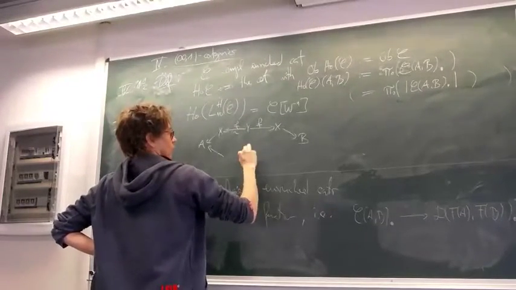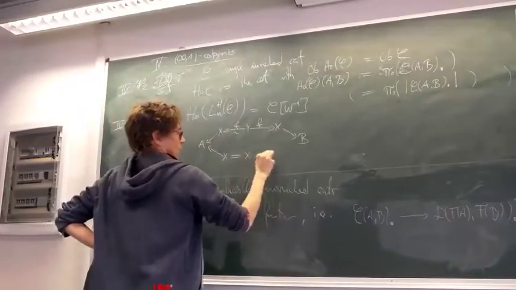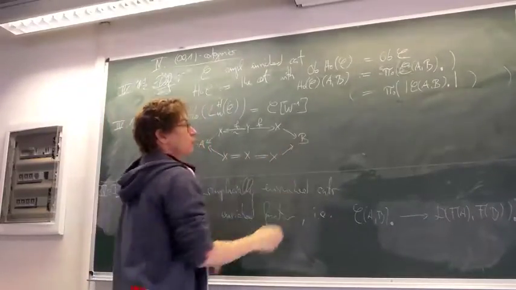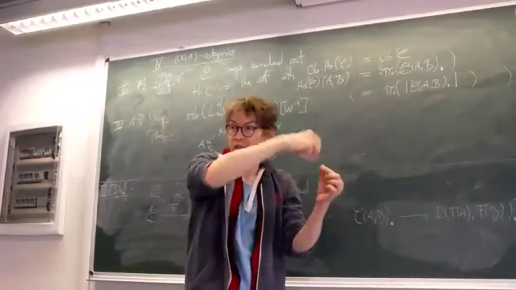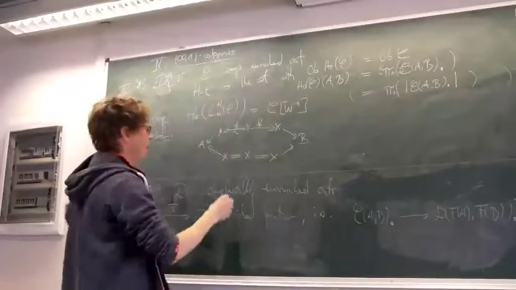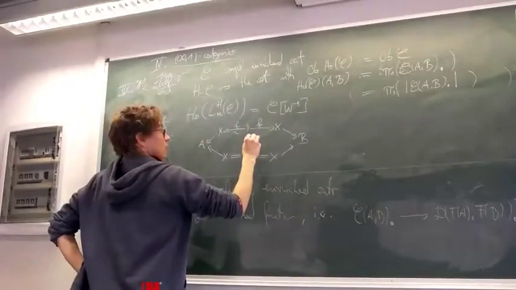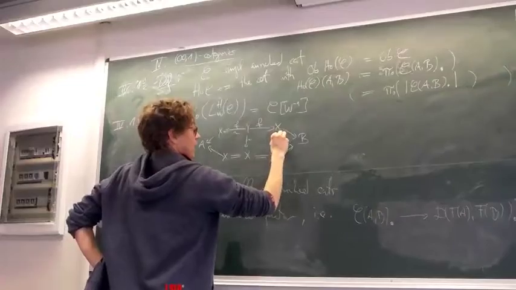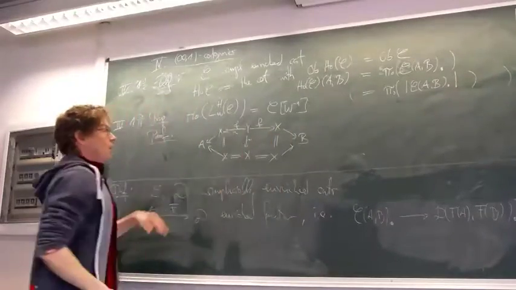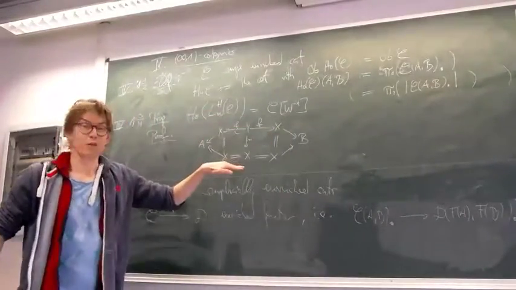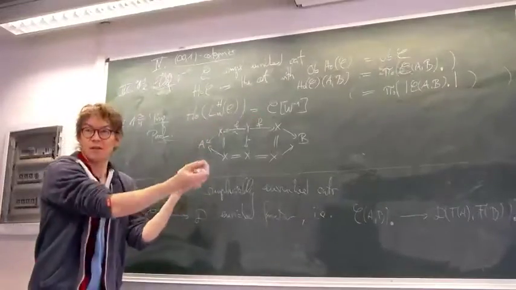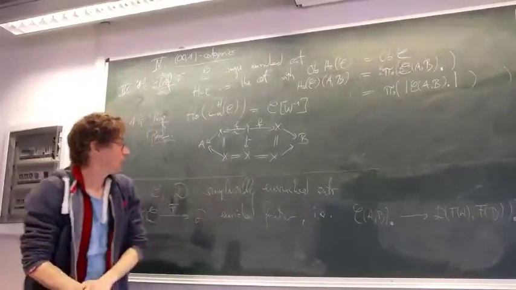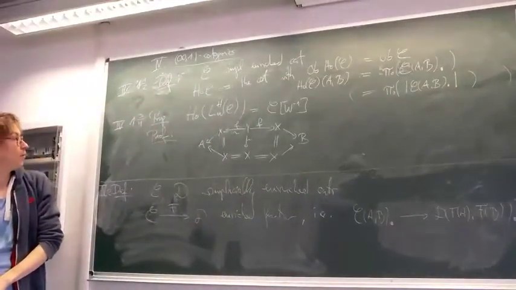That's all we need to get to connected components. We just need to look at paths. Well, here is a path from this thing to the thing where I've cancelled away the f's and put identities instead of them.